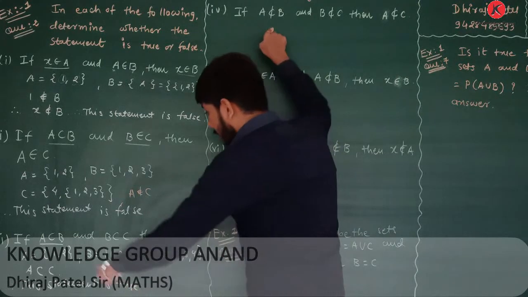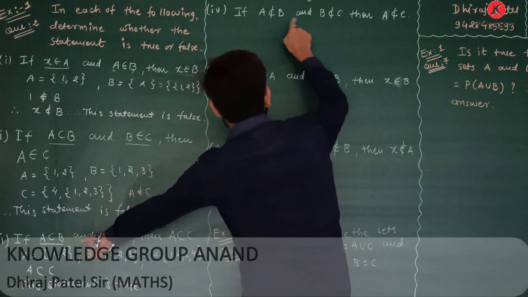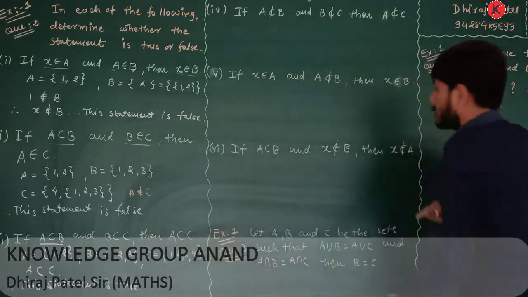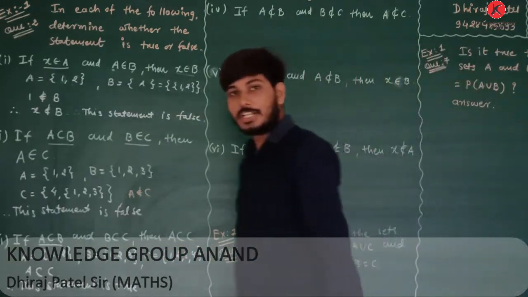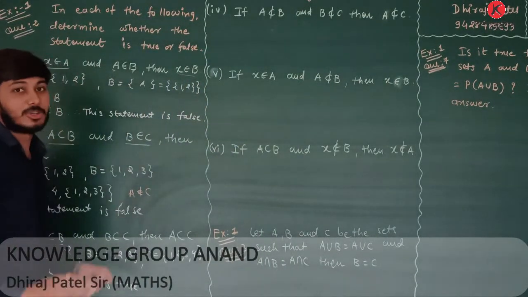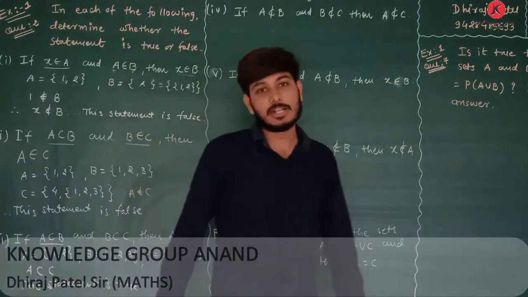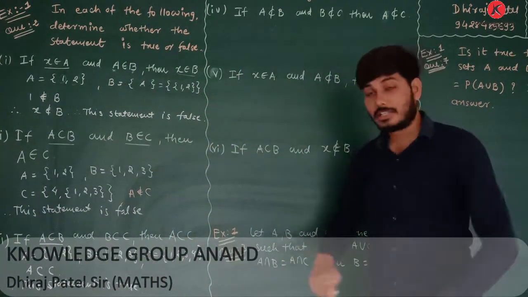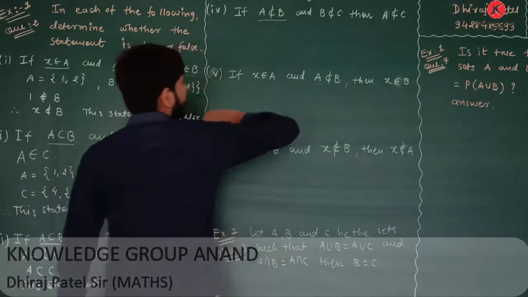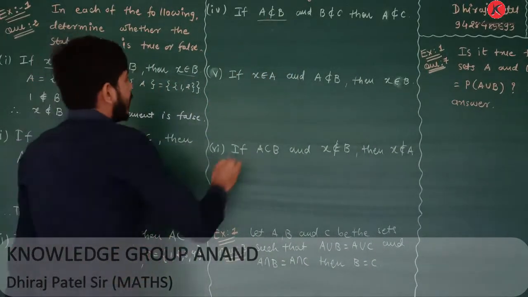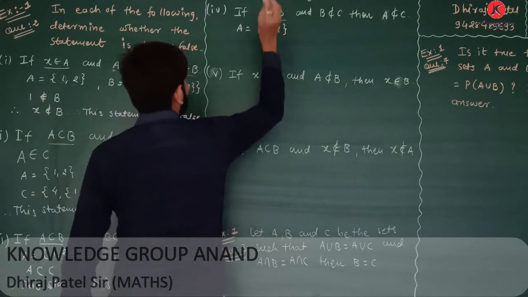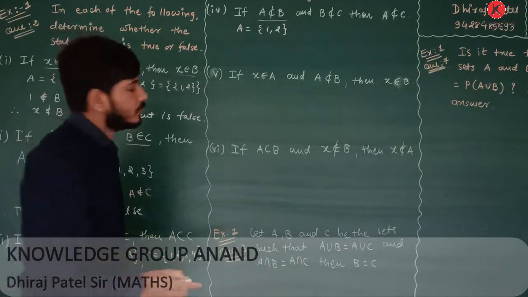If A is not a subset of B and B is not a subset of C, then A is not a subset of C. On first observation it will seem to you that this is a true statement, but it cannot be said directly. First let us check, is it true? I am taking an example such that A is not a subset of B. Suppose I am taking set A equals {1, 2}.